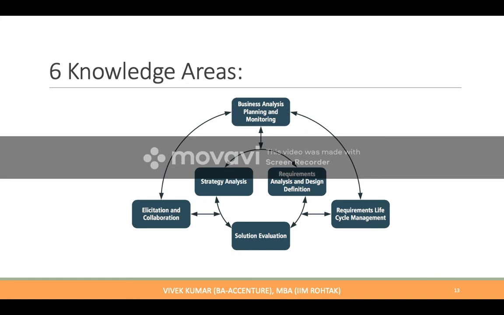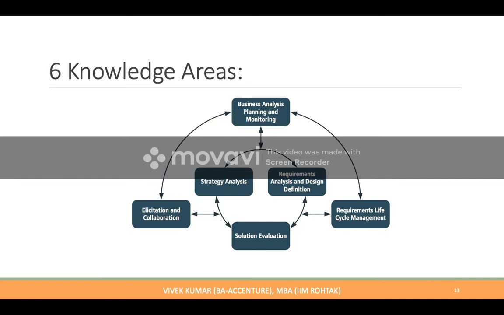Now, not all these knowledge areas will be worked upon by the business analyst at the same time. It might be possible that in the initial stage of the project they are working on 2 of the knowledge areas, later another knowledge area will come, and similarly it will be an iterative process.